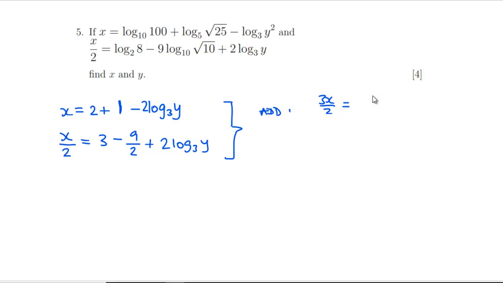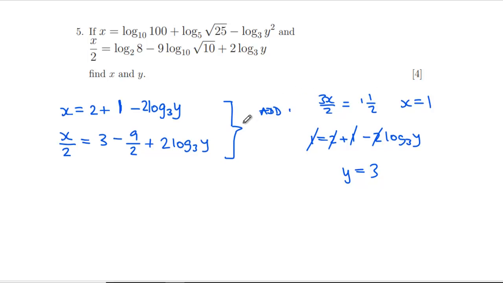So that is 1.5. So x is equal to 1. That's good, which means that, what have we got? Okay, so we can put it in the first one. 1 equals 2 plus 1 minus 2 log base 3y. Cancel those, divide by these, so y is equal to 3.